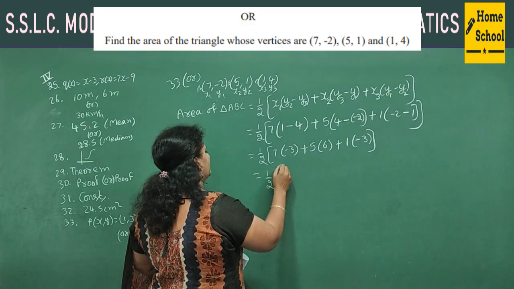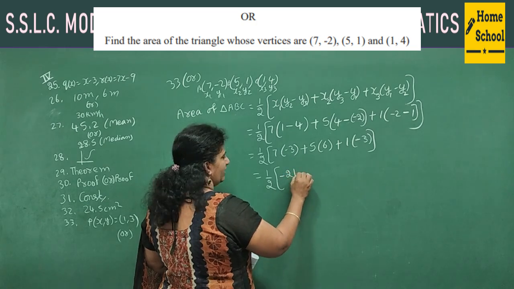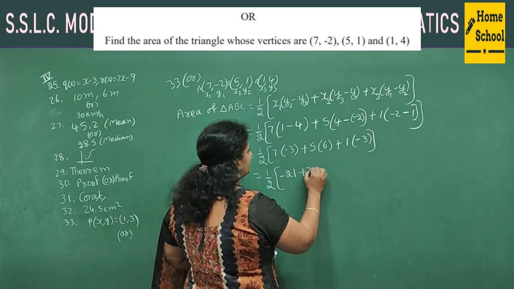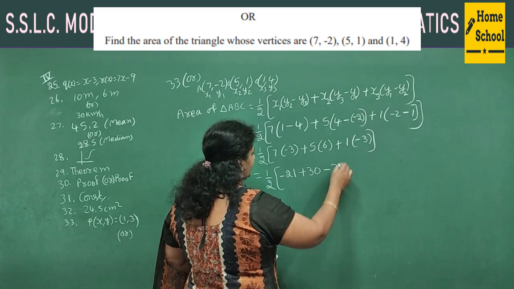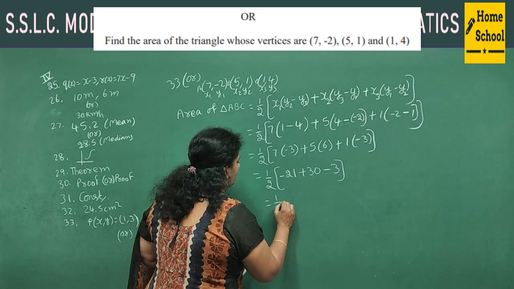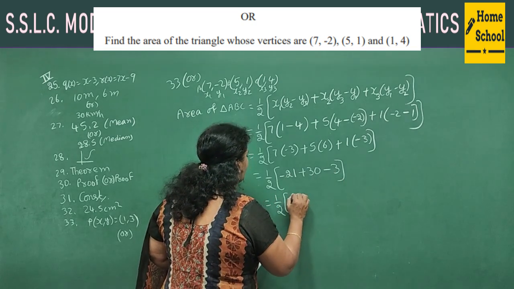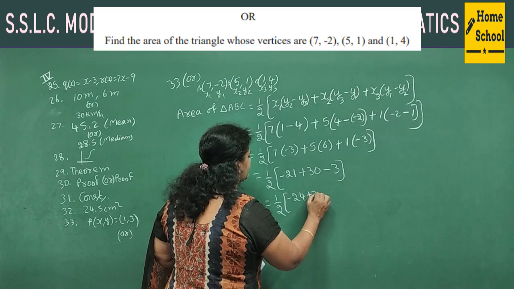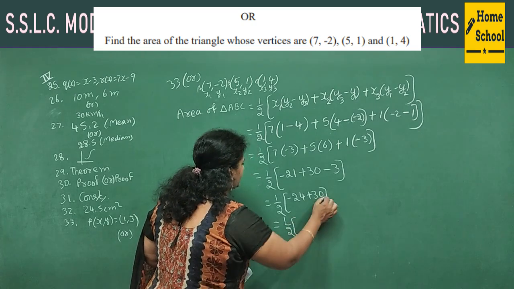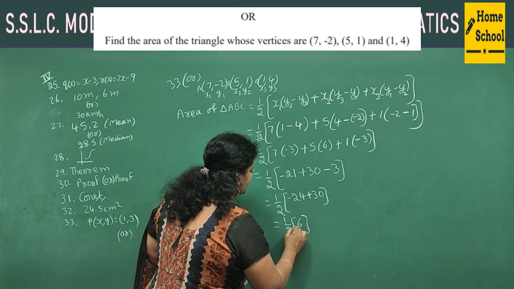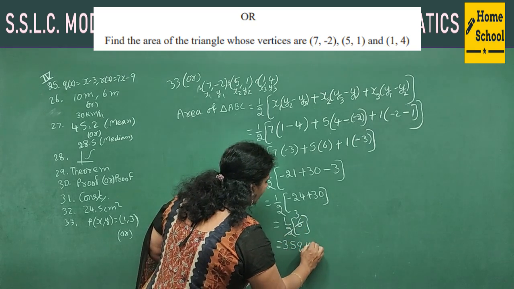Half of plus into minus, minus 7 3s are 21, 5 6s are 30, minus 3 plus into minus, minus 1 into 3 is 3. Half of minus 21 minus 3 is minus 24 plus 30. That is half of 30 minus 24, which is 6. 2 3s are 6. That is 3 square units.